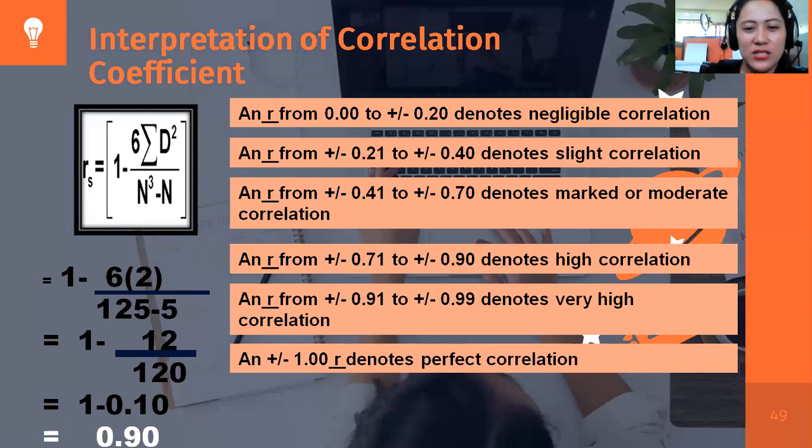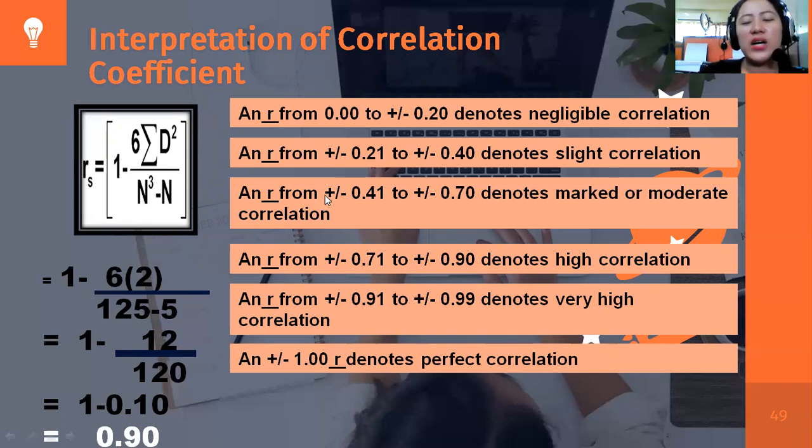Create another research instrument. An R from positive or negative 0.21 to positive or negative 0.40 denotes slight correlation. I don't trust a slight correlation. Again, craft your research instrument.